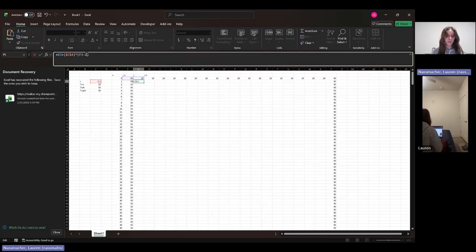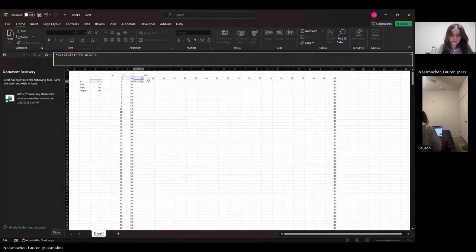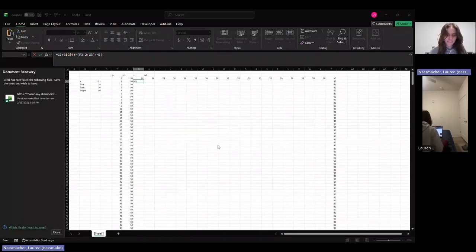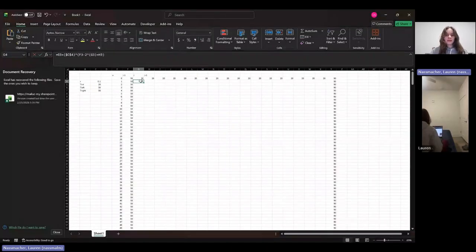Making a few errors here, and we want G3 again because that's once again our spatial node. Put that in parentheses. And then we have plus our temperature at the next distance, so H3. All right, we got 23.